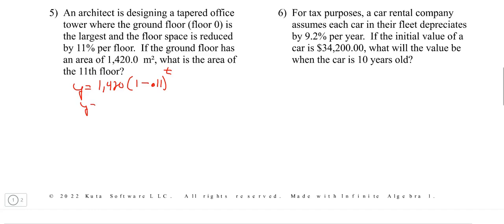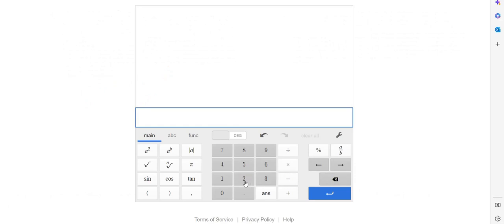So we have y equals 1,420 times 0.89, and so there's 11 floors above floor 0, so to the 11th power. And this is our equation, and this is what we're punching into our calculator. So that's going to be 1,420 times 0.89 to the 11th power.